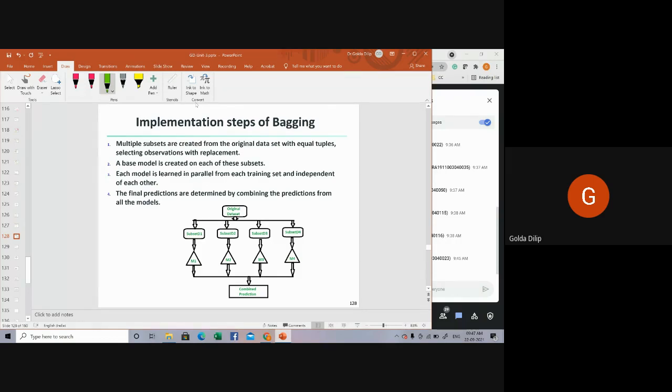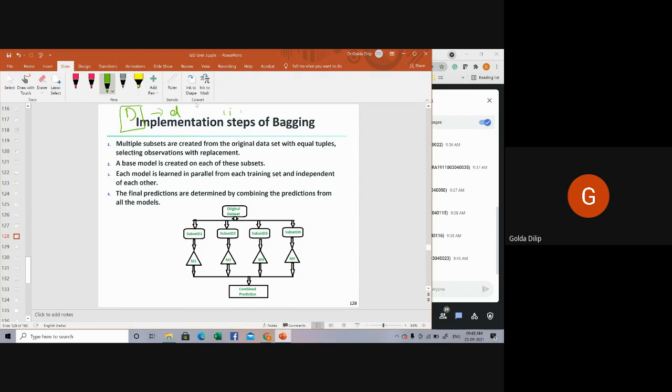Okay, so you have a database D of, let's say, d tuples. At each iteration i, a training set Di of d tuples is sampled with replacement. It's bootstrapped.